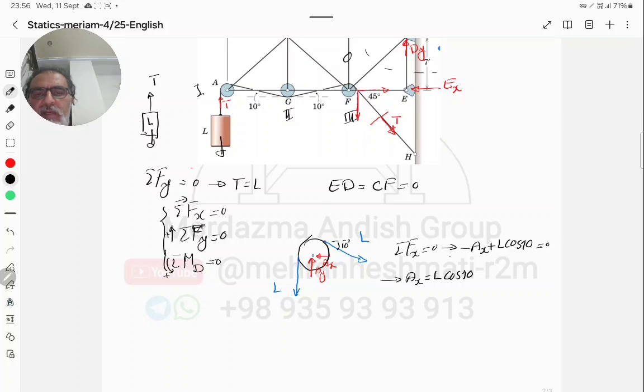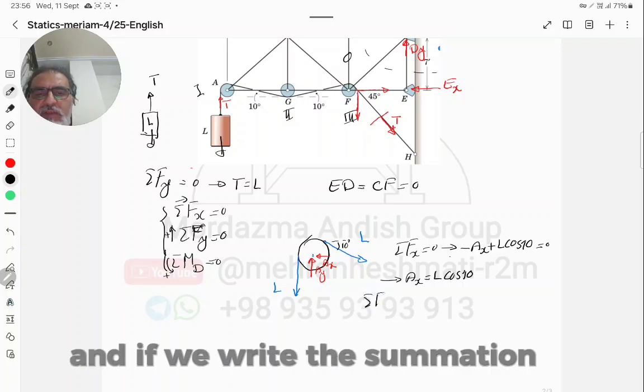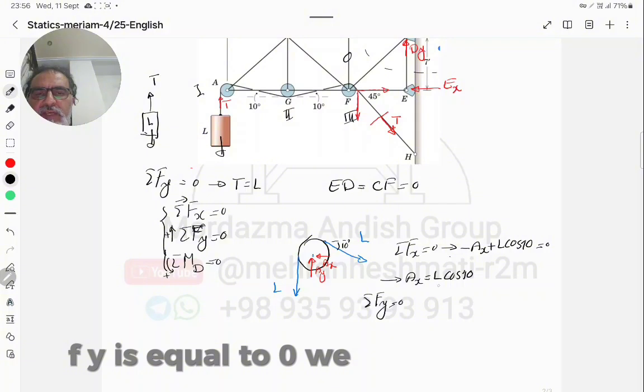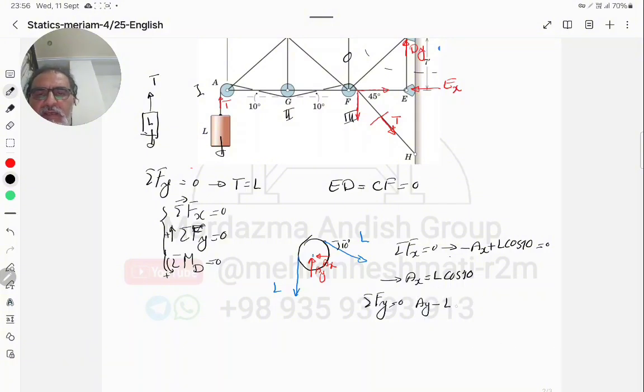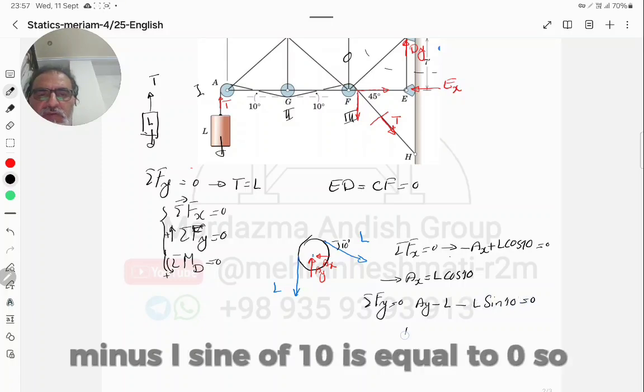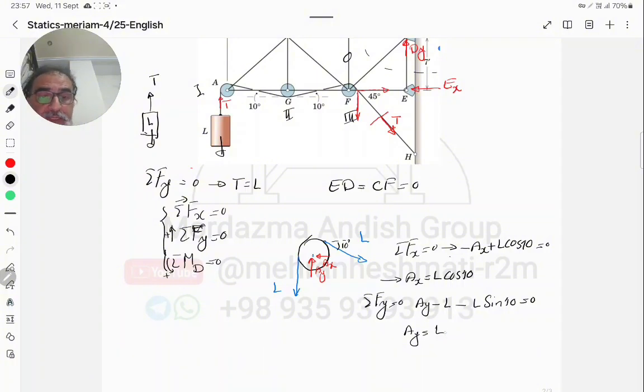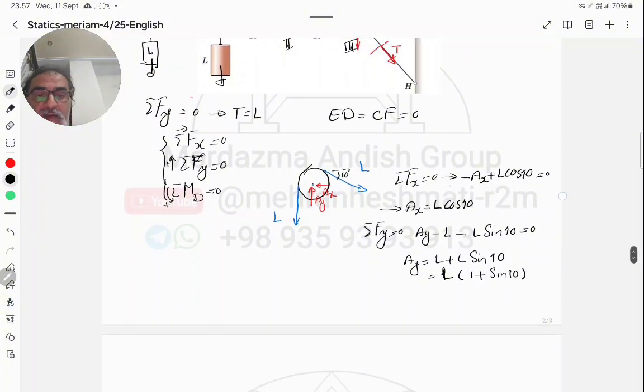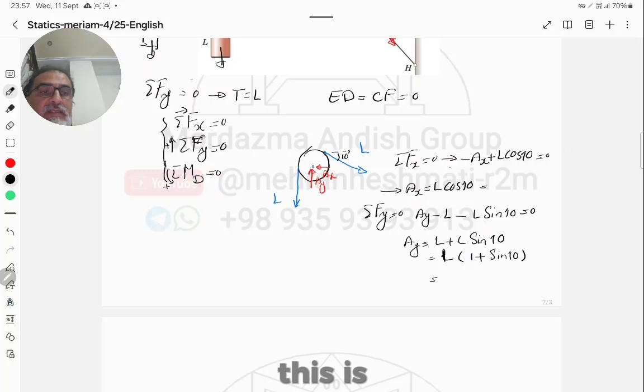And if we write the summation of f of y is equal to 0, we can say that A of y minus L sine of 10 is equal to 0. So A of y is equal to L plus L sine of 10, which means L multiply 1 plus sine of 10.